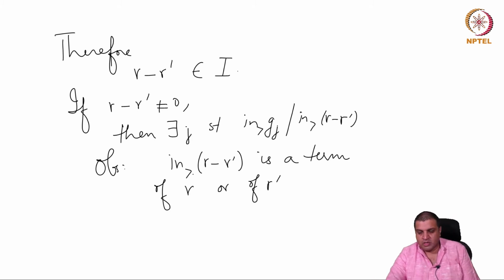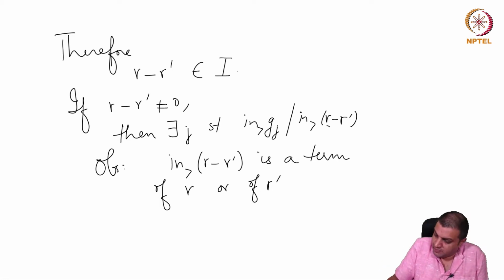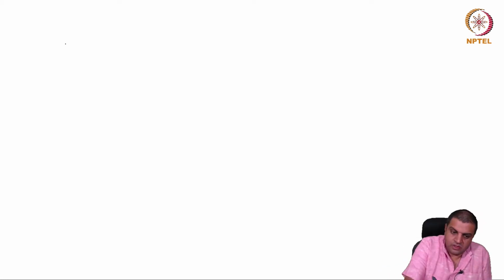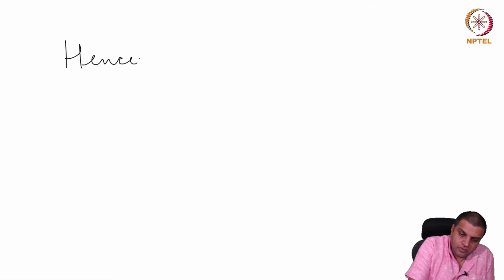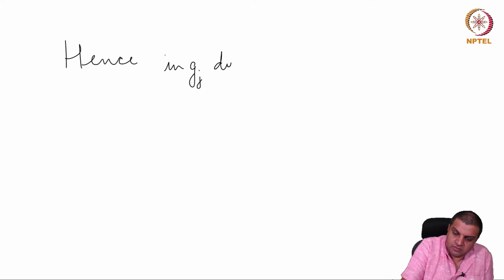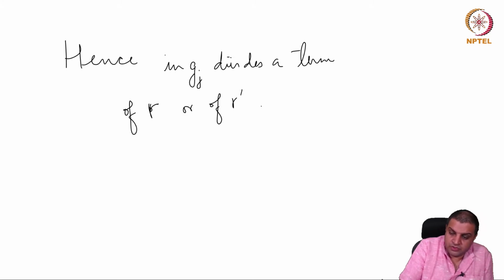However, if this is non-zero, its initial term must have occurred either in R or in R prime, and hence in(Gj) divides a term of R or of R prime, which is a contradiction.